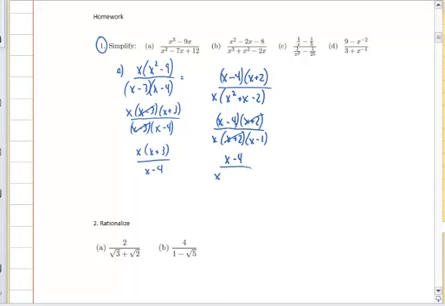It doesn't always happen, but as far as a hint, when we're trying to show that you're doing factoring, a lot of times the numerator and denominator will have common factors. So if you're looking for a little hint, sometimes look at the numerator factors and see if they could possibly work out to be factors in the denominator. Okay, so A and B are done.